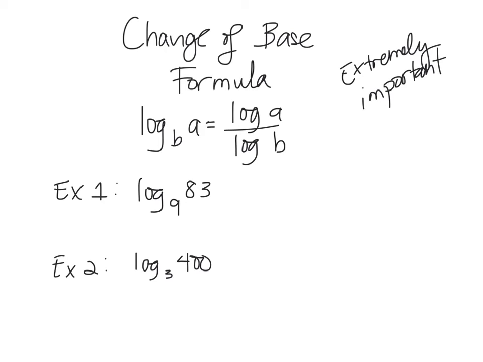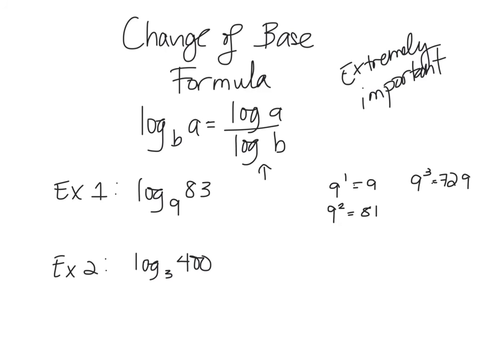Notice here there is no base written, so the base is 10 for both of these. In example 1, we have log base 9 of 83. So this is asking us, 9 to what power will give us 83? Well, 9 to the first power is 9. 9 to the second power is 81. And 9 to the third power is 729.